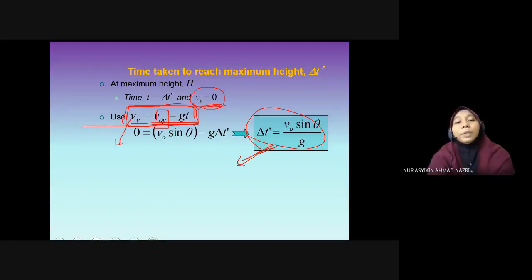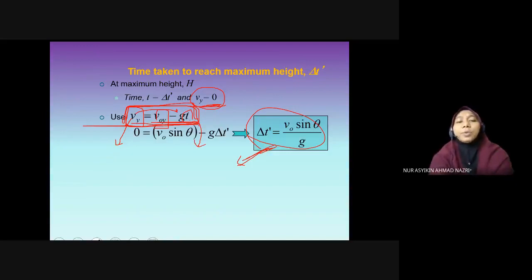Because every equation has its own meaning, so you need to know how to explain that equation. For example, this equation is for velocity at a certain time.